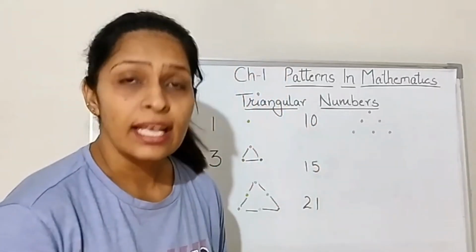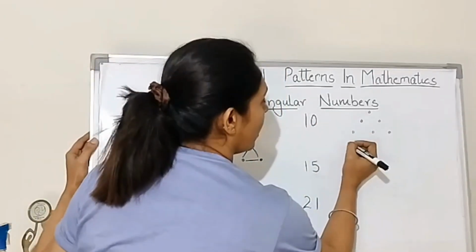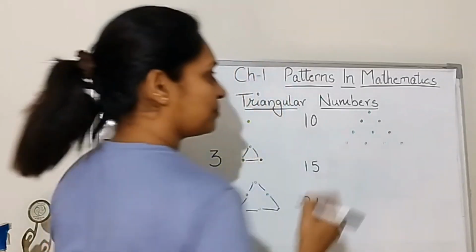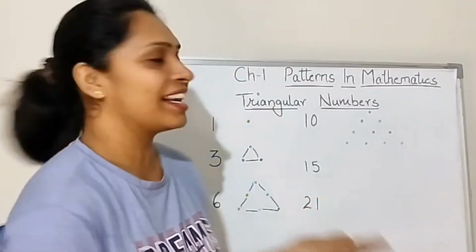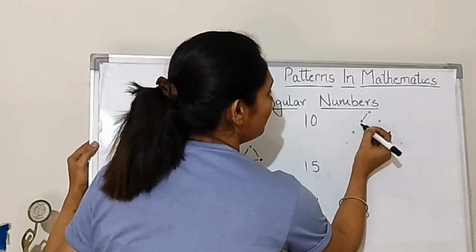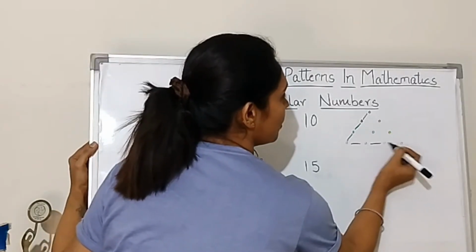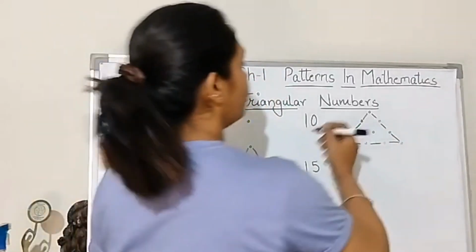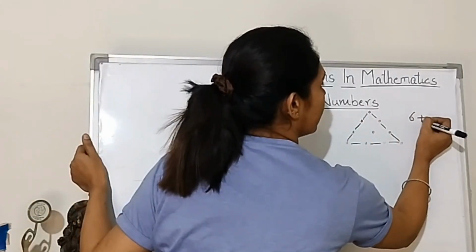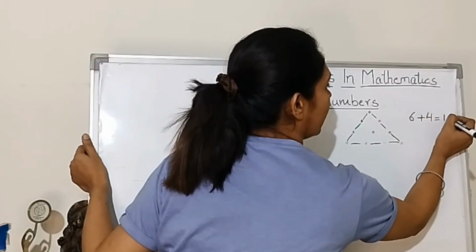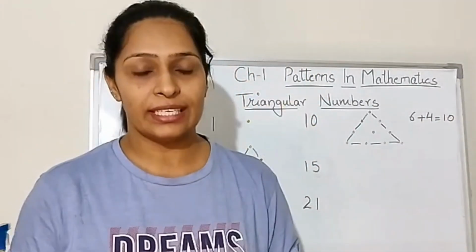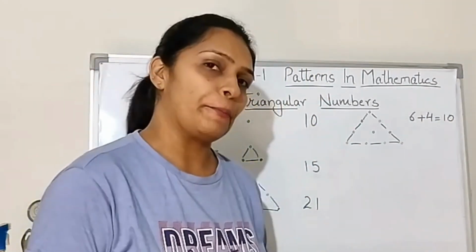This is already 6. And see, if I add 4 more dots to it, again it's a triangle. Yes? So what we just did, we already had 6 dots, and in order to find this 10, I added 4 dots to it and I got 10. And 10 again can be represented in the form of a triangle.